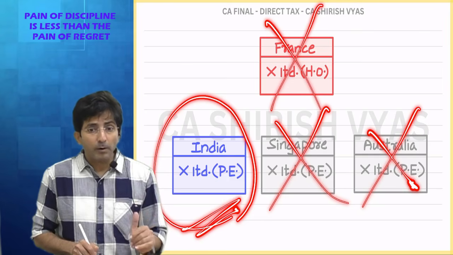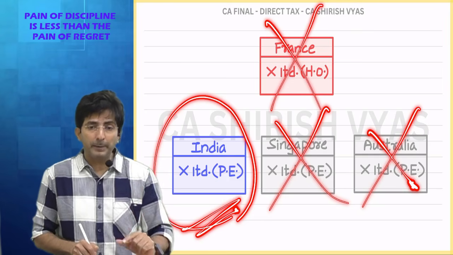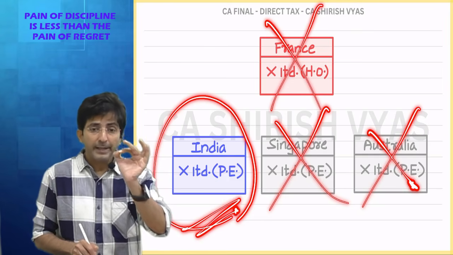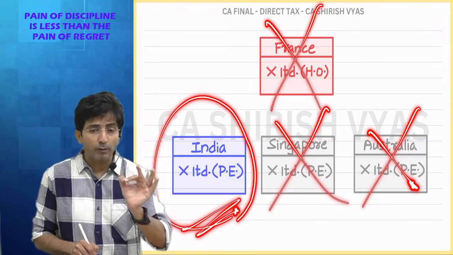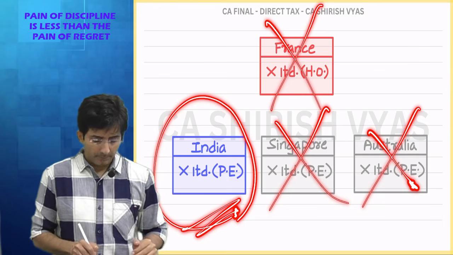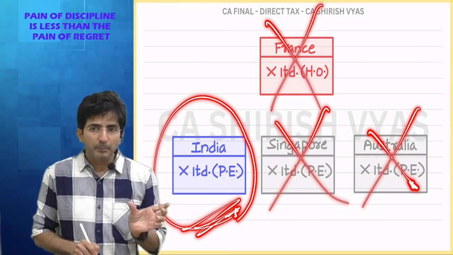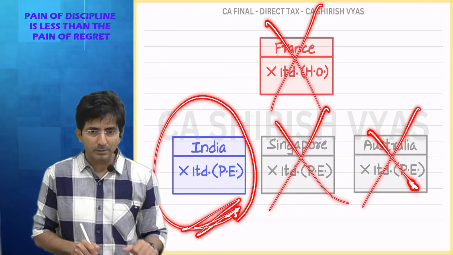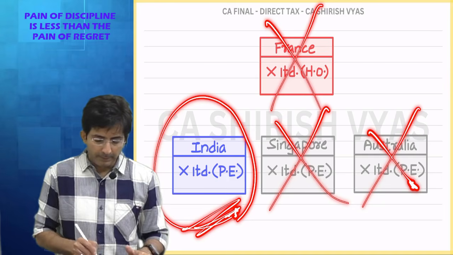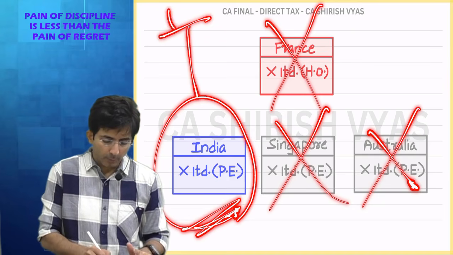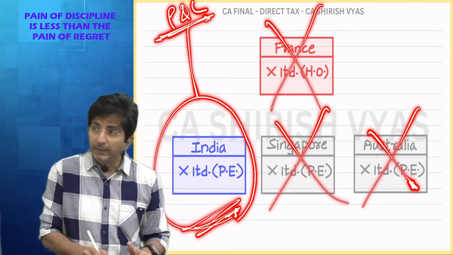But India's profits have to be calculated by preparing a separate trading P&L account and balance sheet of India. But when the Indian P&L account is prepared, in the Indian P&L you will find HO expenditure. Tell me, this is a profit and loss account of the Indian branch.